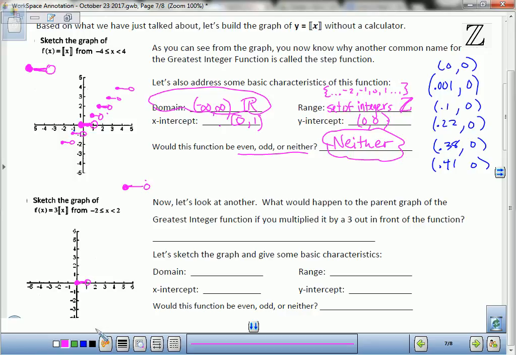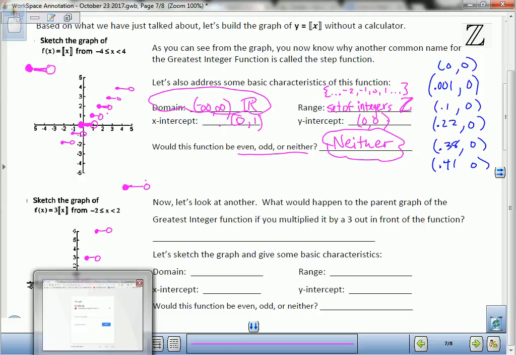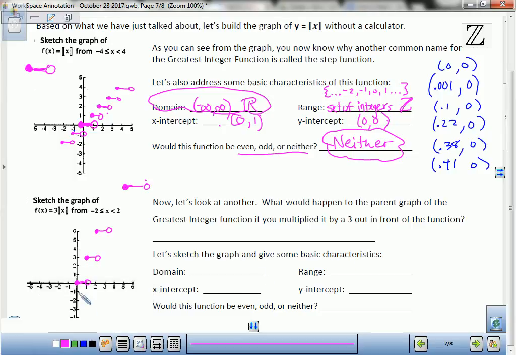So that 3, instead of jumping up 1 step, how many steps do you think we jump? 3. So my next step will not start at 1, 1. It'll start at 1, 3. So here comes my next barbell. Over, open. And then we jump up 3. Over, open. Do you go over 3? Nope, just 1. Over 1. And then we go down 3, and we go open, back to closed.